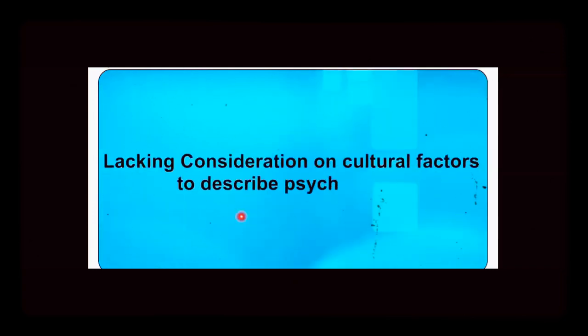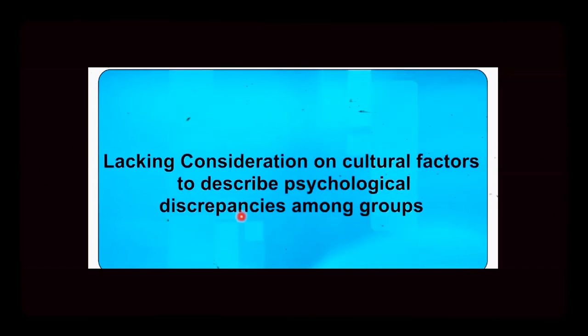Thus, it is a theoretical demand on researchers in cross-cultural studies to scrutinize the role of cultures in impacting psychological phenomena, lacking consideration of cultural factors to describe psychological discrepancies among groups. It seems to be a matter of theoretical concern that true cultural factors are not attended to while describing differences in psychological attributes amongst cultural groups.